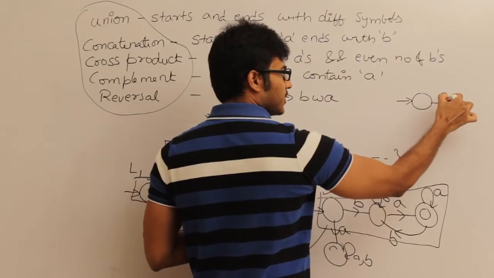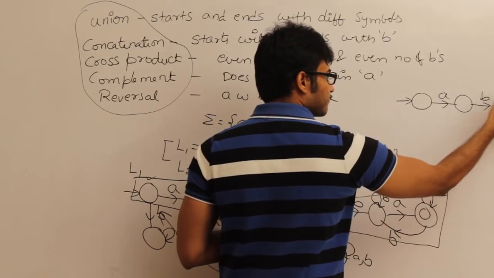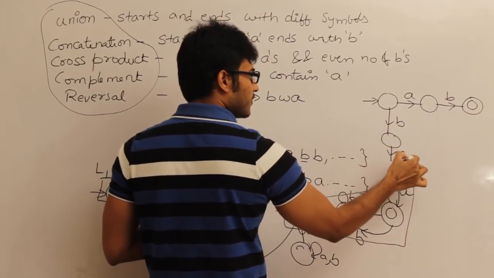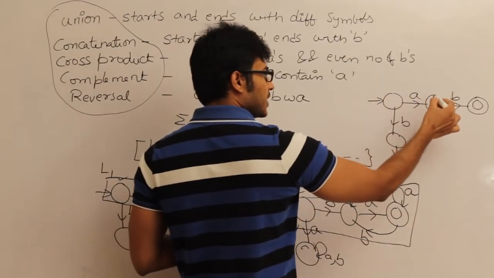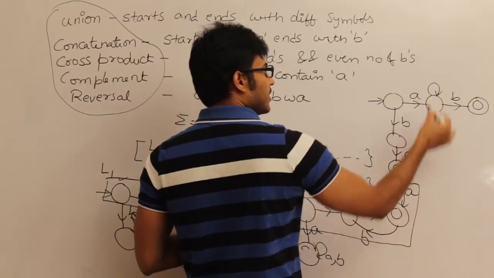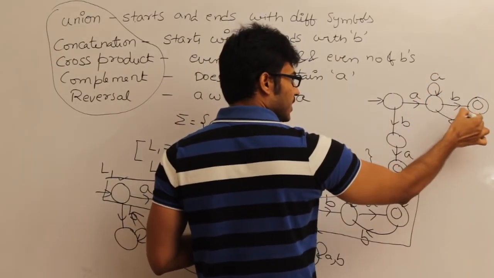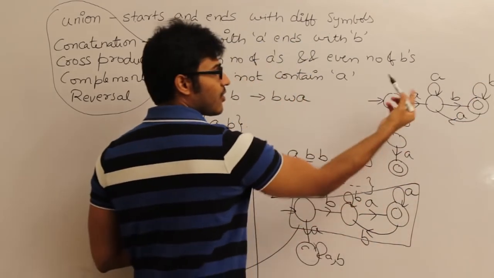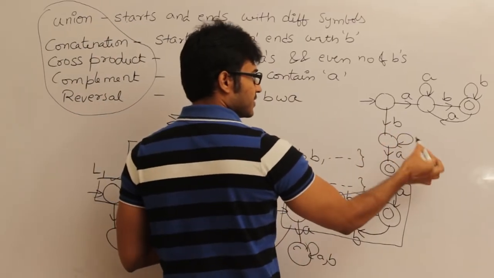It can start with A and end with B, I accept it, or it can start with B and end with A, I accept it. In the middle I can get any number of A's, and at the end if I get an A I'll wait for a B. This one I have already explained in the previous example, so I'm not going to explain it again.